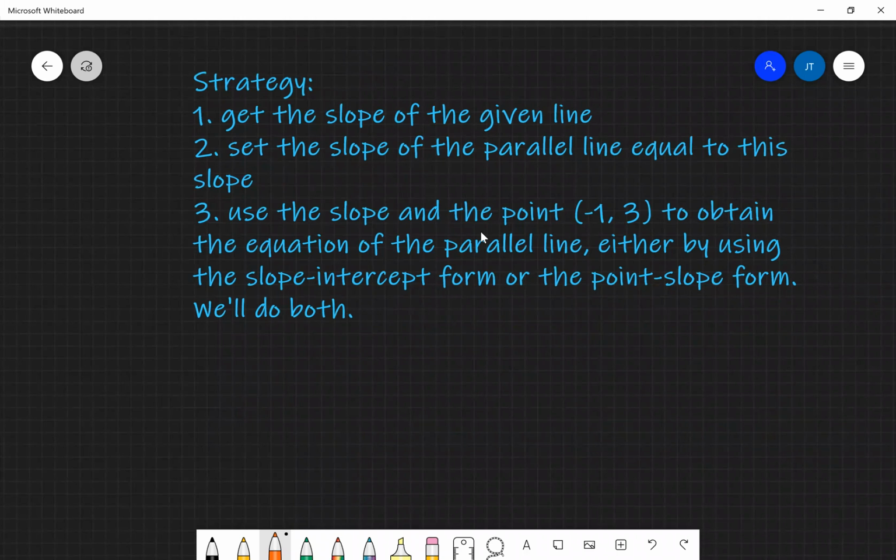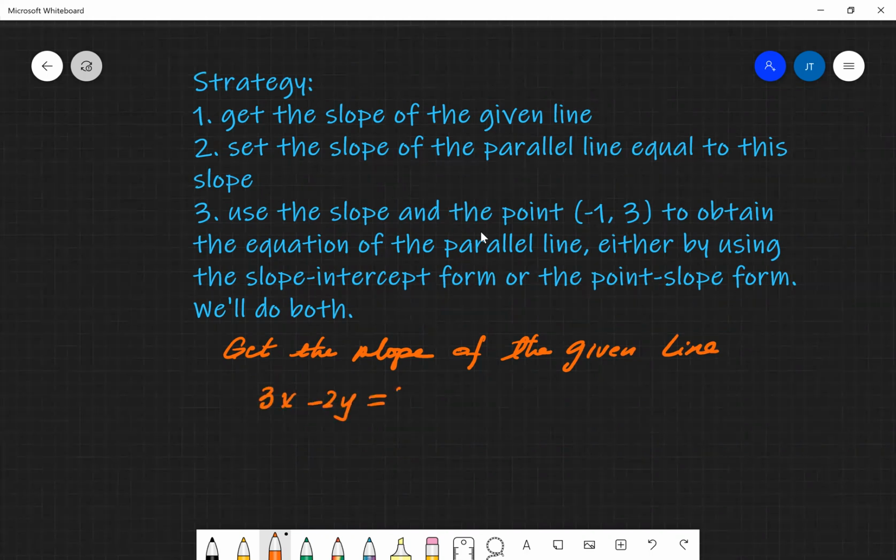So the first thing we need to do is get the slope of the given line. We're given 3x - 2y = 3. Isolate y.